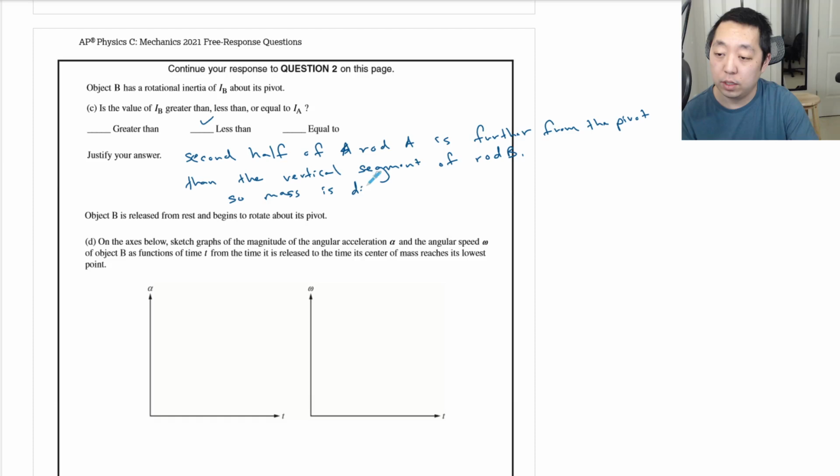It's distributed closer, which means closer to the pivot, which means smaller I.